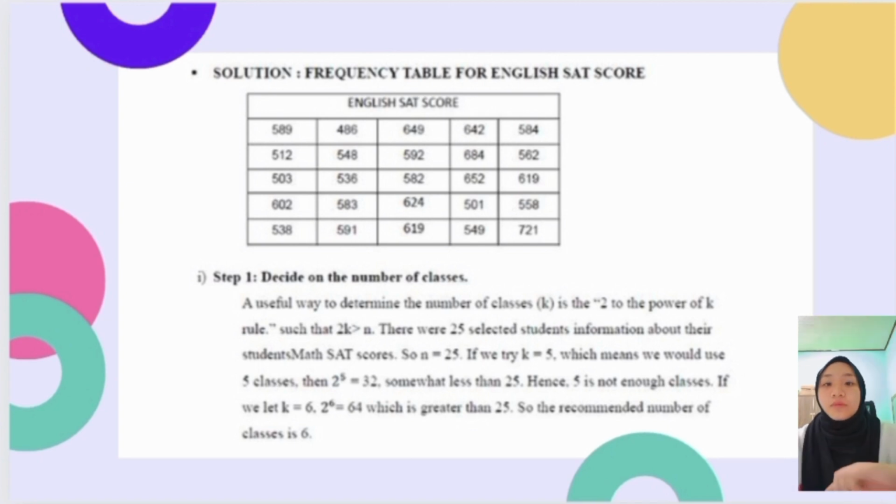So this is the table for frequency, percentage frequency, cumulative frequency, and percentage cumulative frequency.